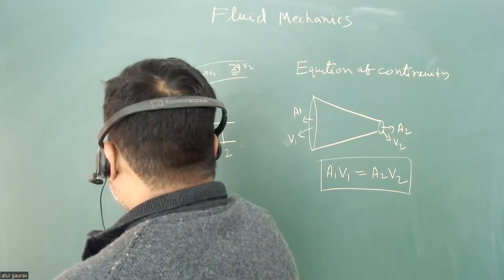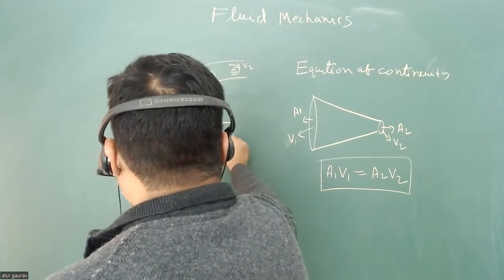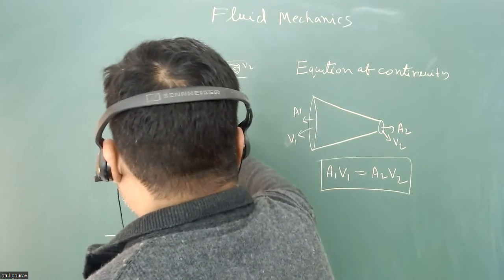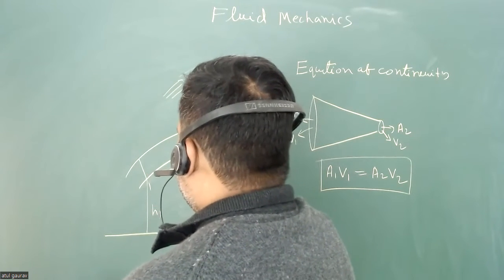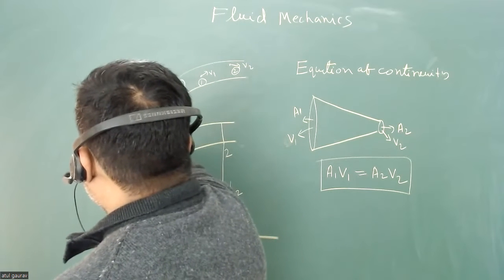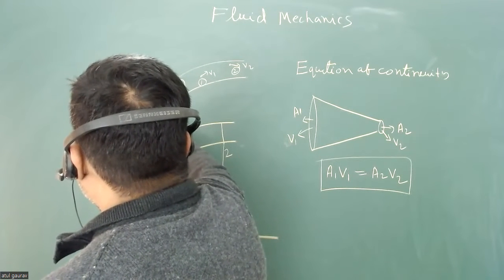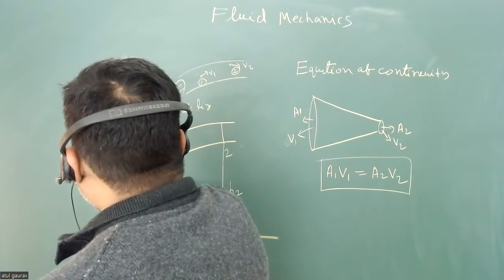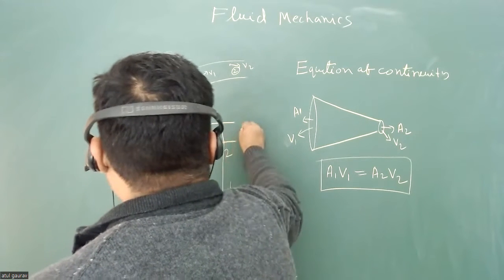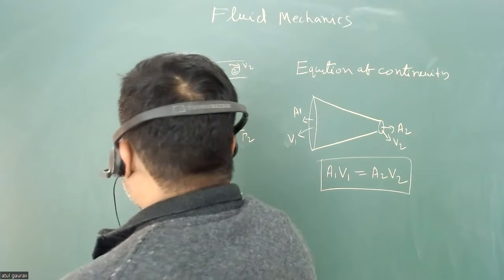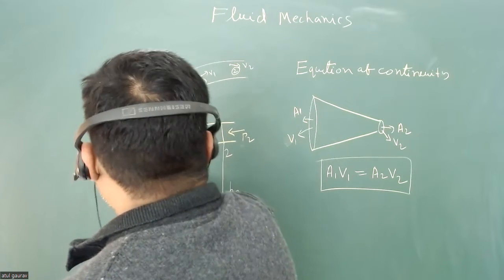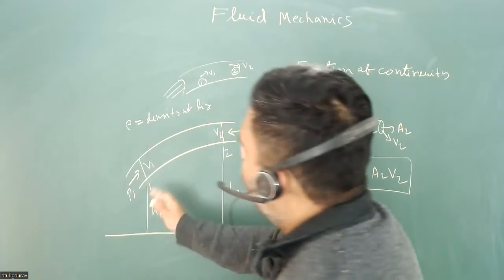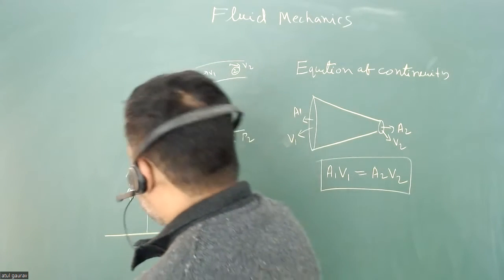The height of point 1 is h1 and the height of point 2 is h2, and the density of the liquid is rho. Here we have pressure P1, and here pressure P2, and the velocity is V1 at this point and V2 at the other point. When I talk about a point, we are talking about this particular cross section.